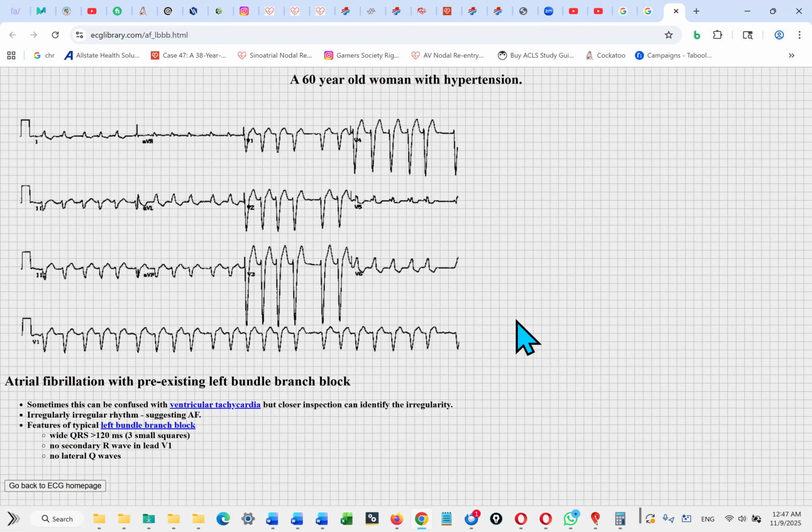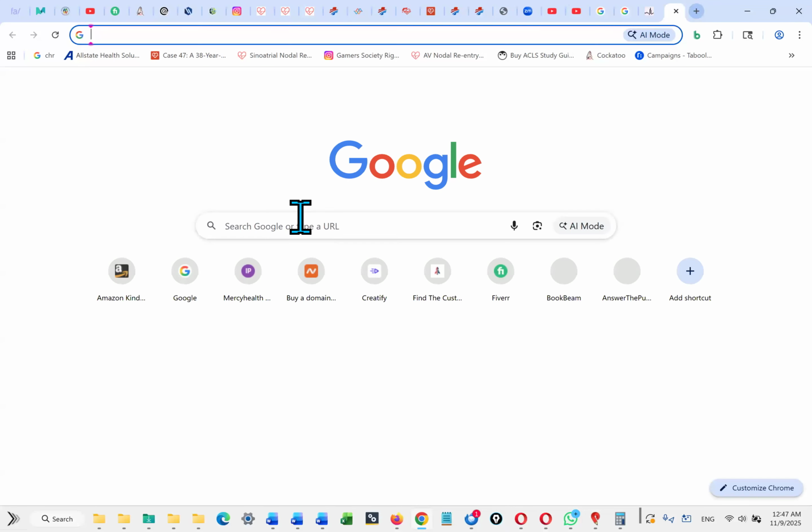So what should we watch out for that we could confuse this one with? It could be confused with ventricular tachycardia. But no, because ventricular tachycardia is always regular. See, if you open another tab, okay, let's see.